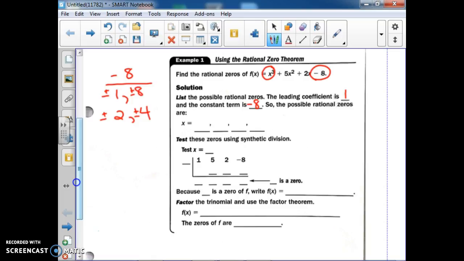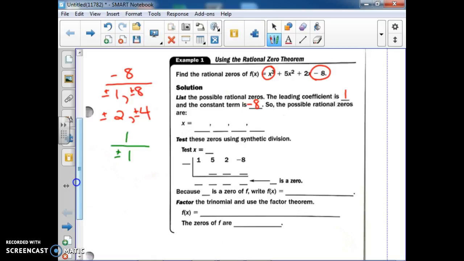So we have to account for that by using the plus or minus. Then you have the coefficient of x cubed, which is 1. And the only factors of 1 are 1. And we're going to make it a plus or minus.